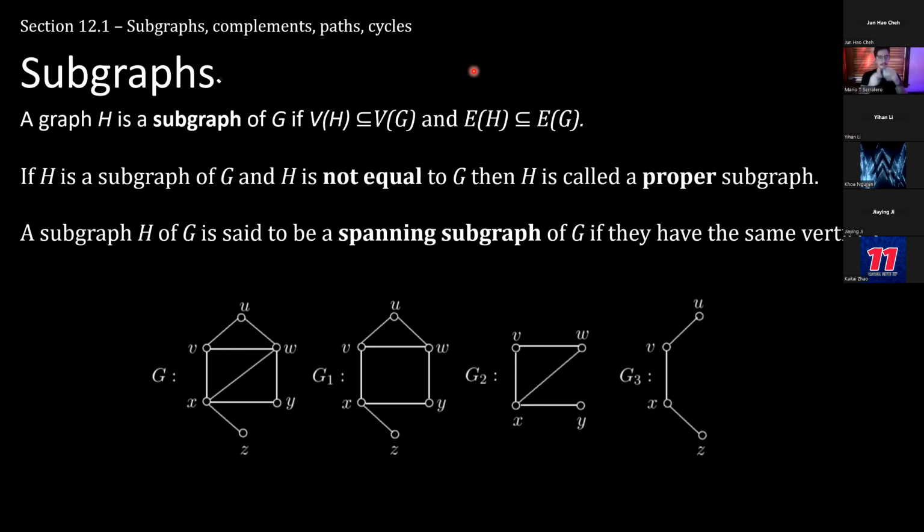We also can have, just like we can have sets and subsets, naturally, since graphs are comprised of sets, it's natural to ask, okay, what happens if I take subsets of the edge or vertex sets?